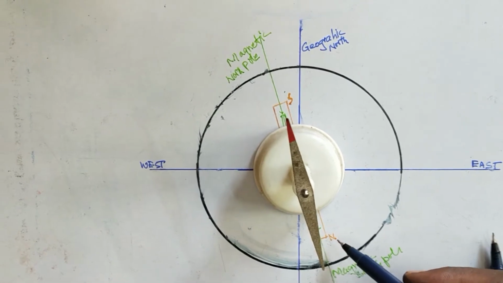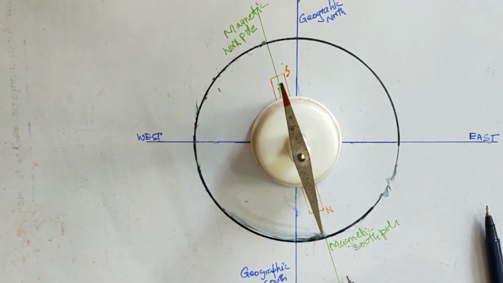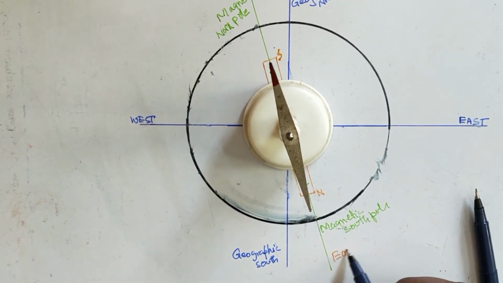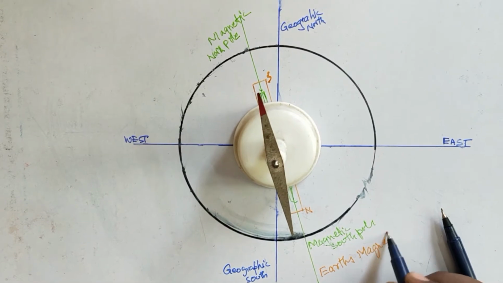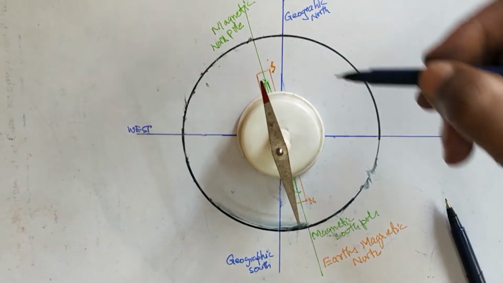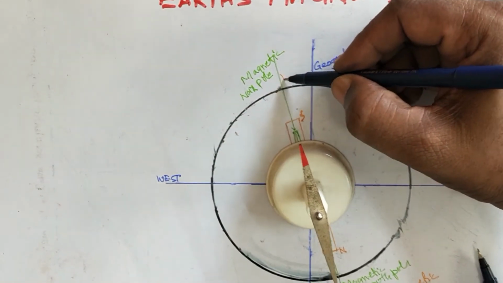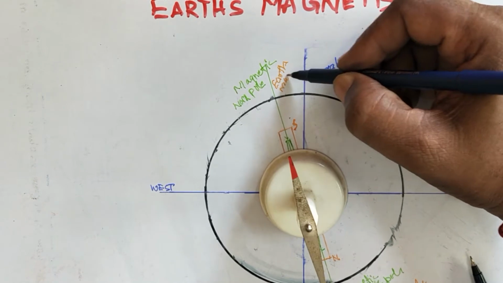Therefore I can write this as the Earth's magnetic north, and this end as Earth's magnetic south.